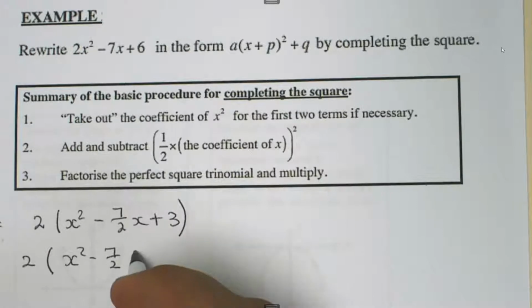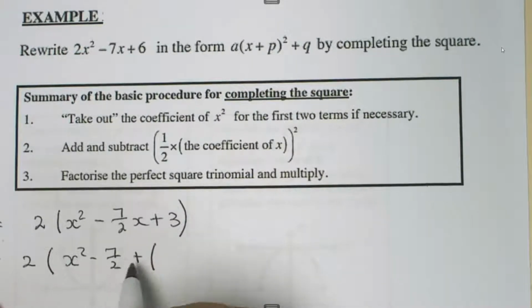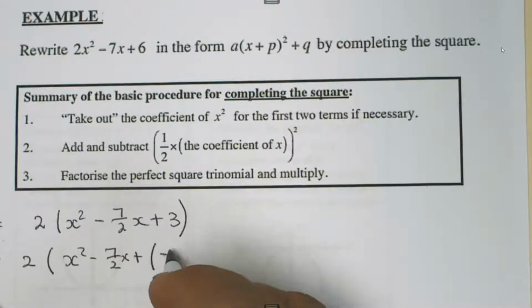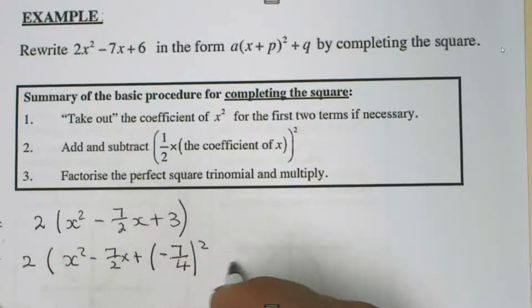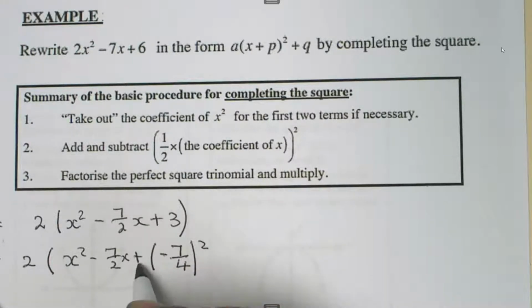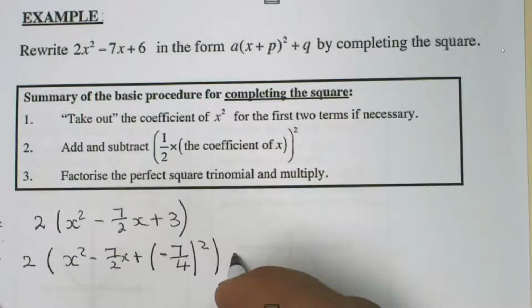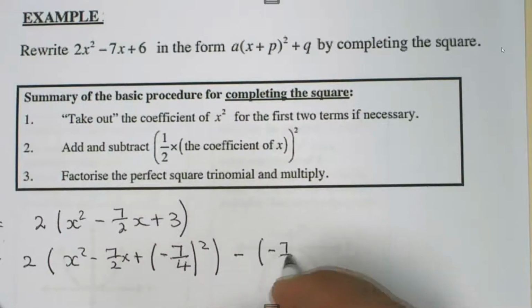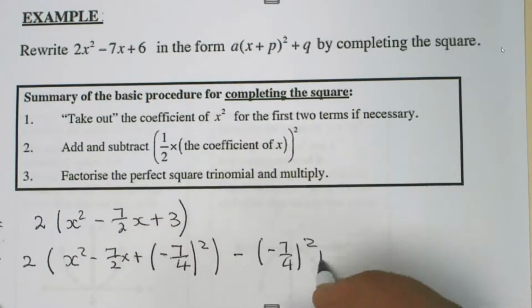Then you add half the coefficient of x. Now half of negative 7 over 2 is negative 7 over 4, to be squared. So if you add that, then you need to subtract that. So it's negative 7 over 4 squared, plus 3.